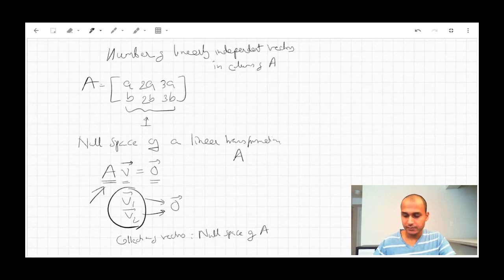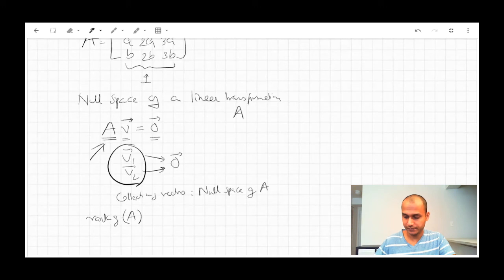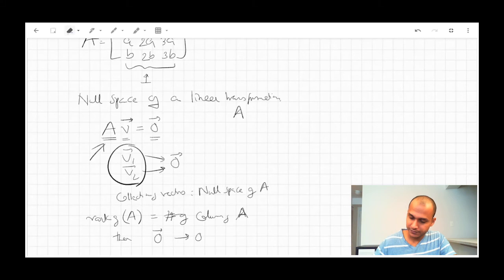Note that if the rank of A, which is the linear transformation, is equal to the number of columns of A, then the determinant of A is not 0, right?